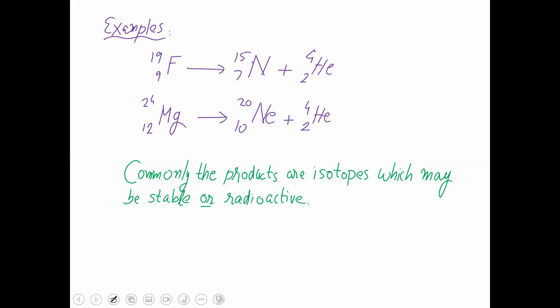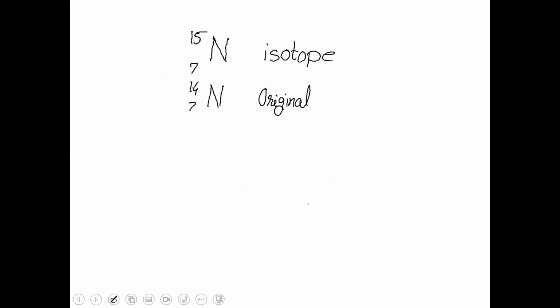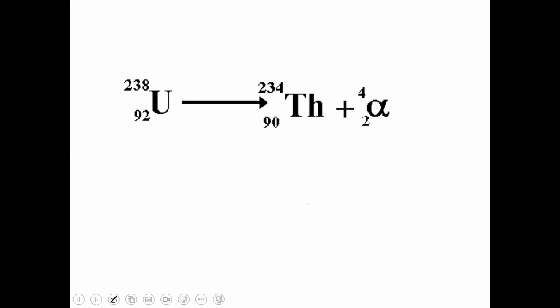This is called alpha decay. Nitrogen 15(7) is an isotope. Actual nitrogen is 14(7). Now, uranium-238 converts into uranium-234.